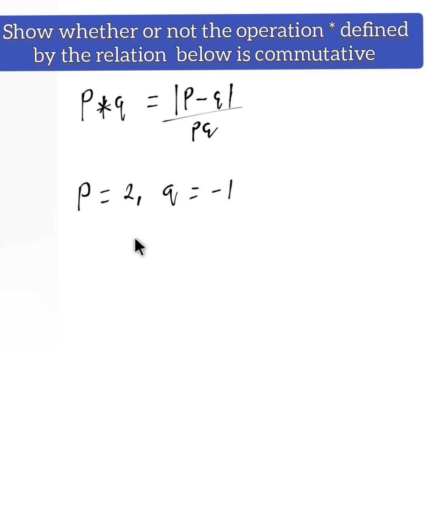Now we are going to solve for P operation Q, and we also solve for Q operation P. If they are equal, then it is commutative.